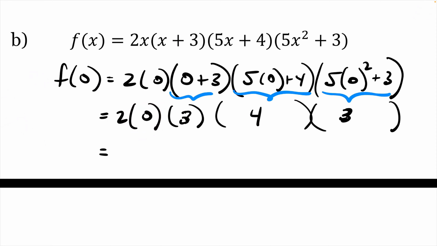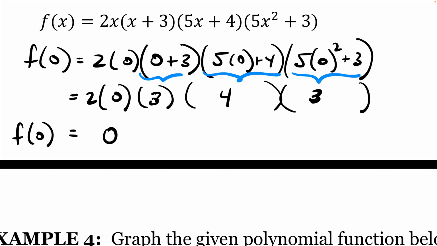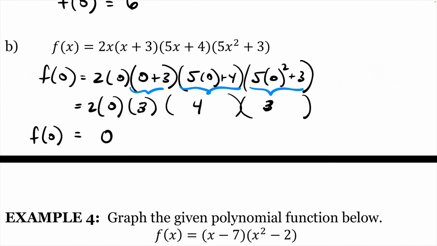So f of 0 is 0. So where is it? It's at 0, comma 0. Okay, that's how to do number 2. Find the y-intercept. Now we're going to put all of those together and draw a picture.